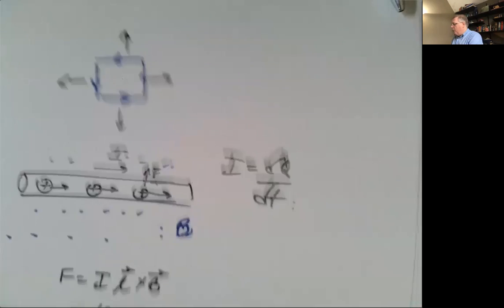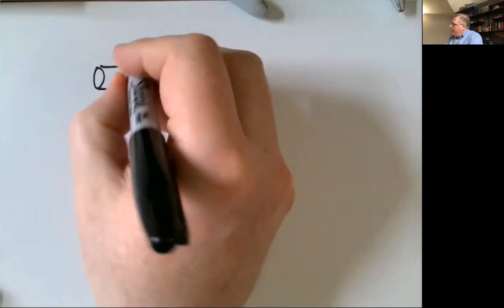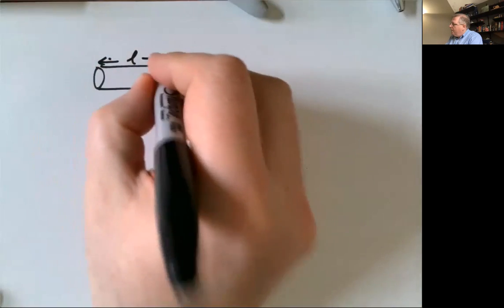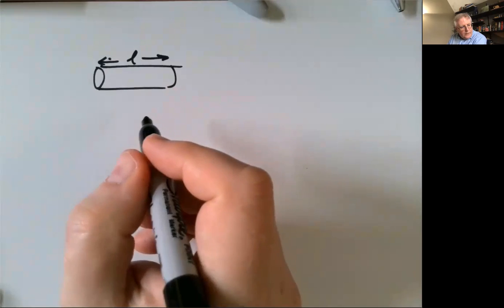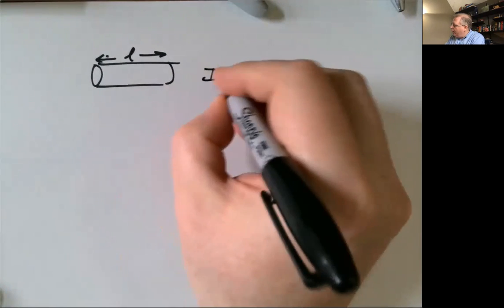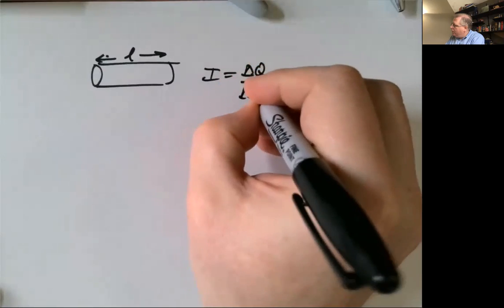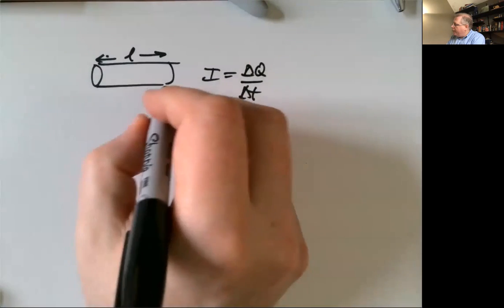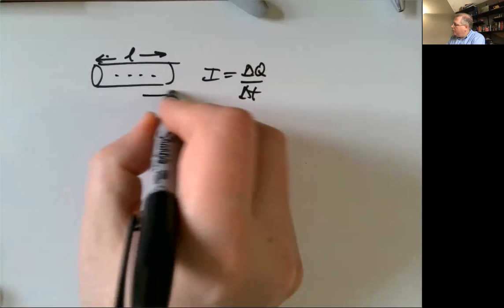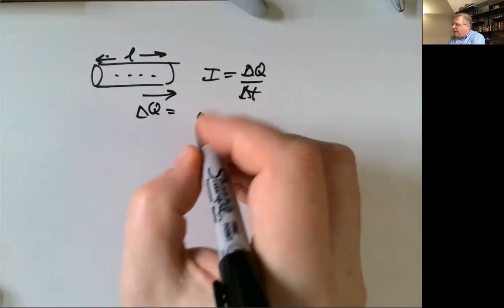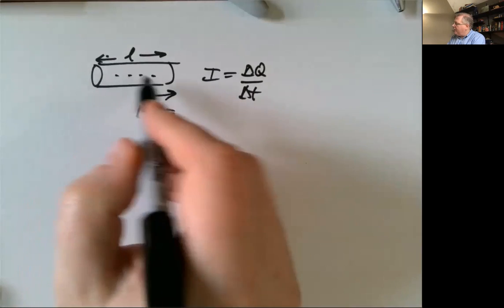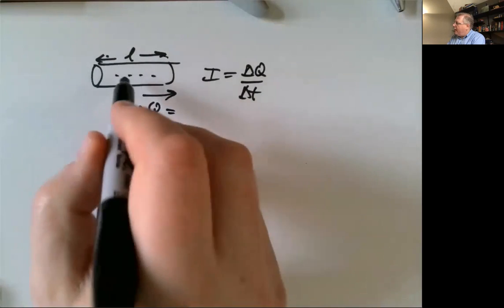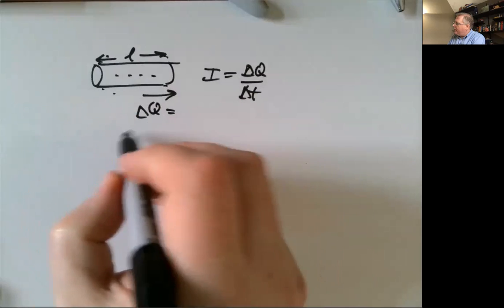Now let's see if we can get any further with that. Let's say I've got a section of tube of length L, and we're going to have a current, and here I'll just use deltas, delta q, delta t. Now, the amount of charge that goes through this tube: let's say I make L the right length so that delta q charges flush out in time delta t.